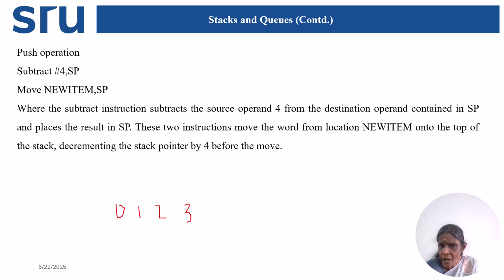For storing ASCII, it is divided into 4. So the first address is the first word, after that the second word, so the address moves by 4. That is why subtract 4 is given.